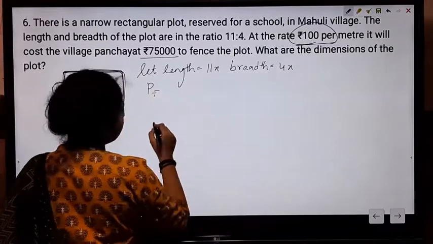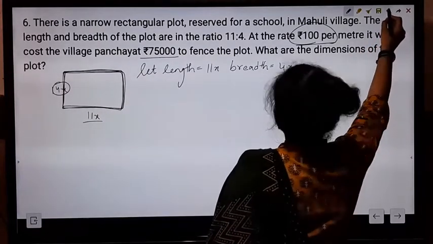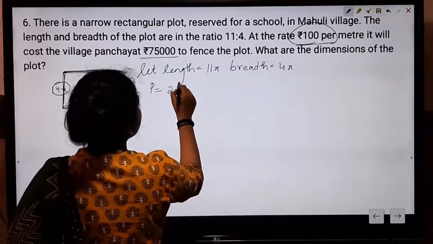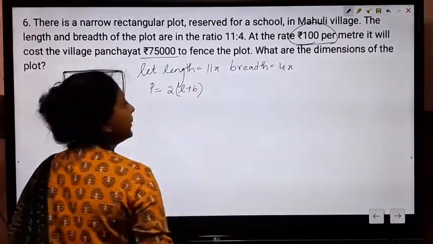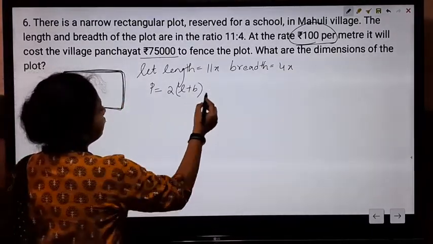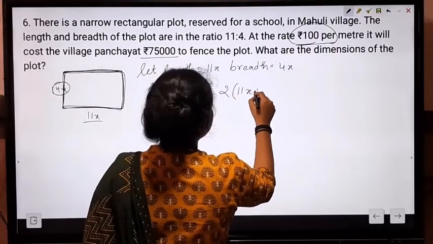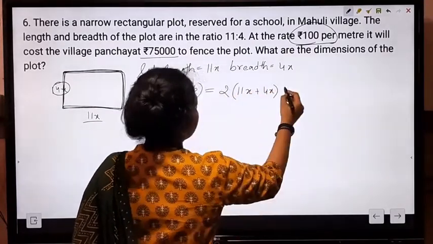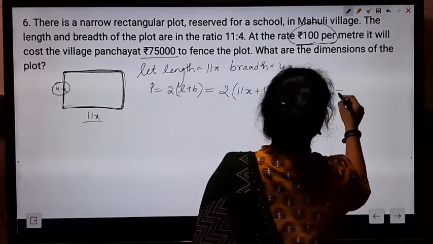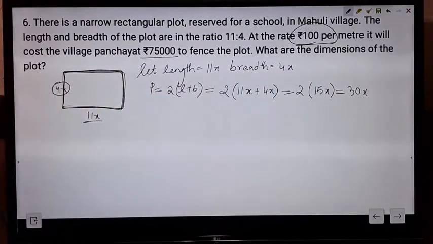We know perimeter equals 2 into (L plus B). The perimeter of a rectangle is twice length plus breadth. So we put the values here, 2 into (11x plus 4x). This gives us 2 into 15x, that is 30x is our perimeter.